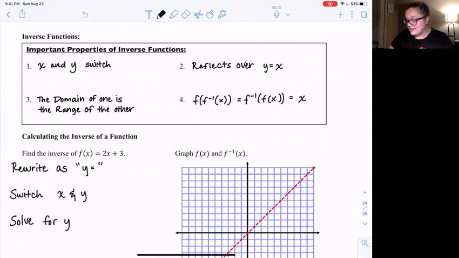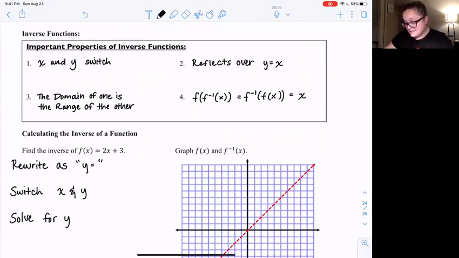And then lastly, if you have the composition of the function and its inverse, it's going to equal that x value. So f of f inverse of x is equal to f inverse of f of x, which is equal to x.